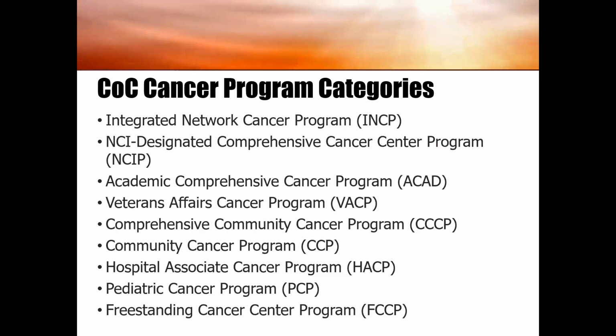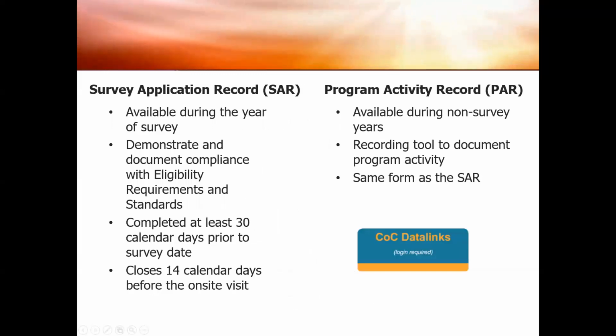Your medical oncology clinics could also be awarded the freestanding cancer center program designation. So those are the different CoC cancer program categories. Just be aware of the ones that have the caseload requirement and the specifics that distinguish those different categories.